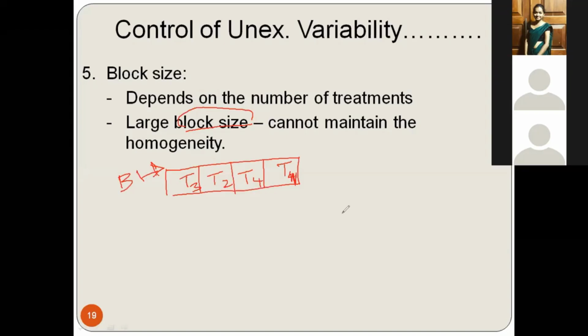The size of the block, usually given as K. How many plots are there in one block? 1, 2, 3, 4. So the block size is 4. Suppose I have 10 treatments, can you guess what the block size will be?